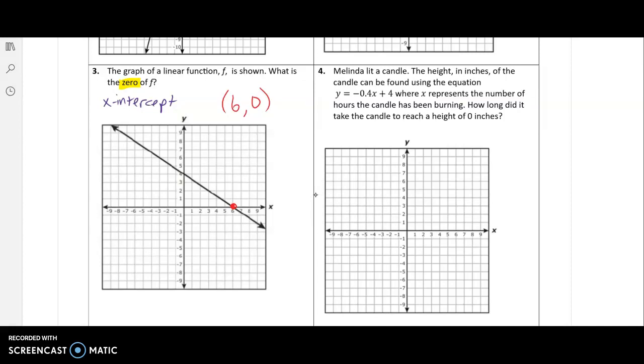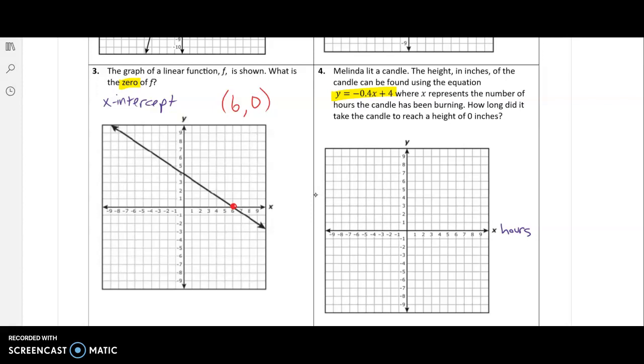Now this one might be a little bit trickier, okay? And I'm going to show a few different ways to do it. We are given an equation, and x represents the number of hours. So I'm going to write that on the x-axis, the hours that a candle has been burning. And how long did it take to reach zero height?